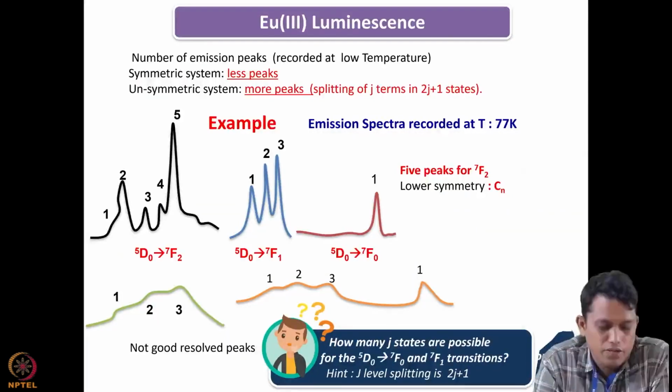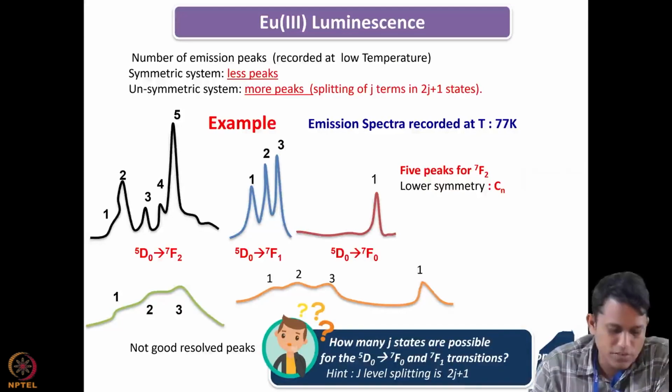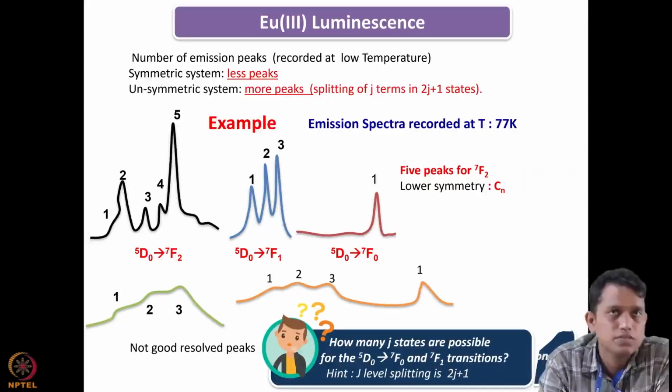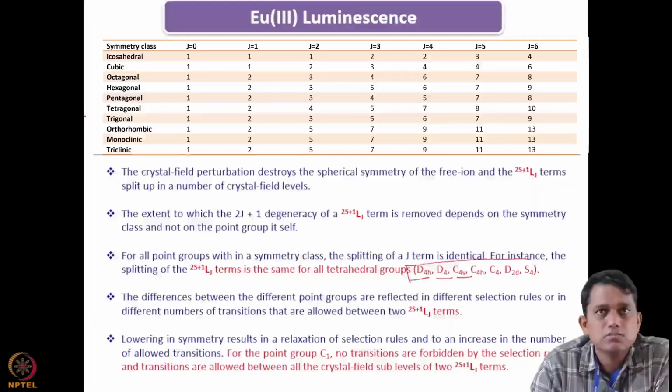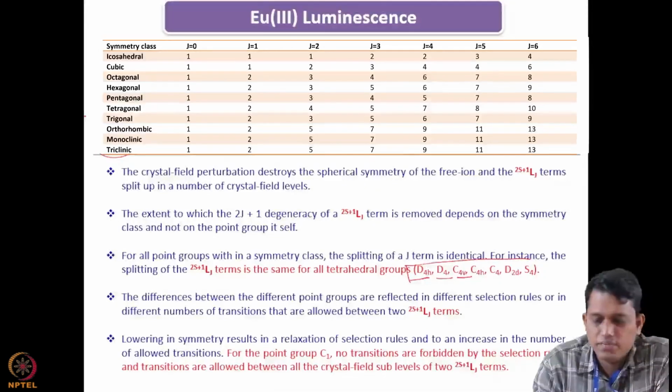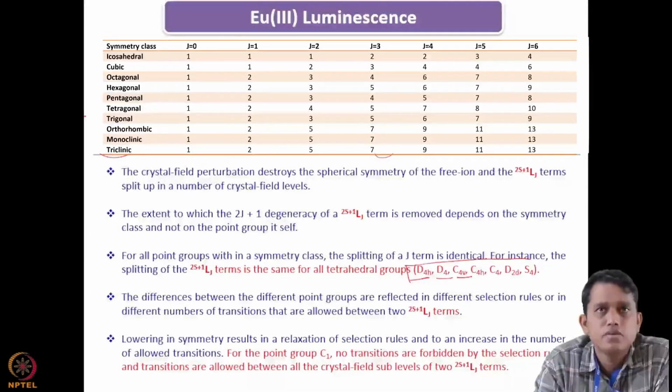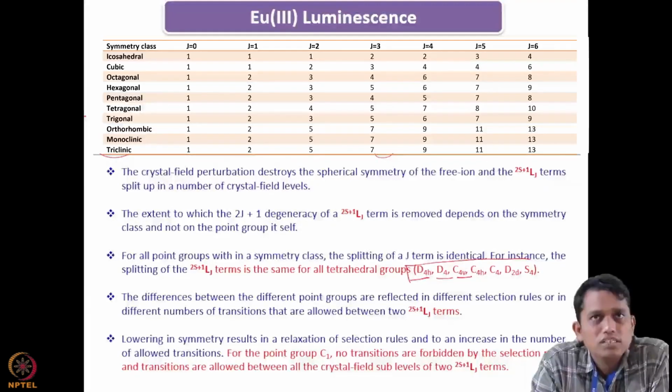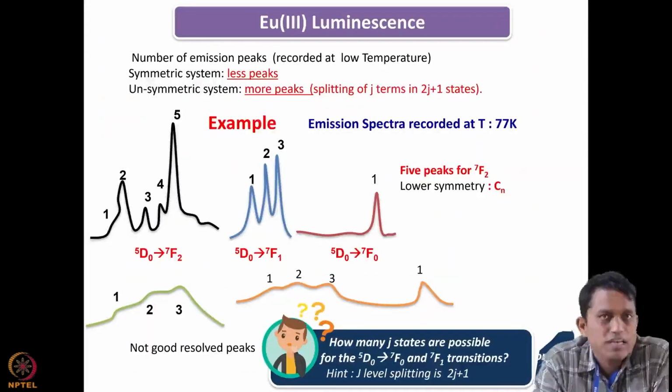So here I have given some examples of how they look. Suppose we have splitting in this 7F2 level. Here you can say the maximum is 5, and to get the maximum you should have symmetry in the triclinic region, where 7F2 should be 5. So the more unsymmetric the environment, the more the JJ splitting. So triclinic is the most asymmetric.